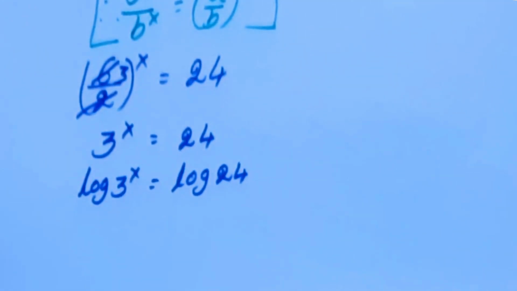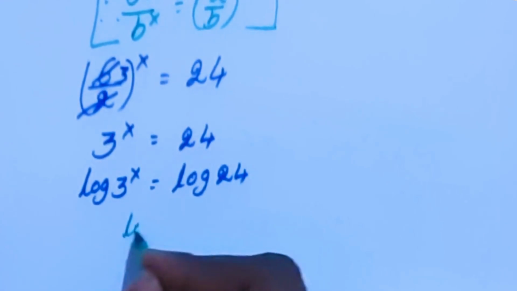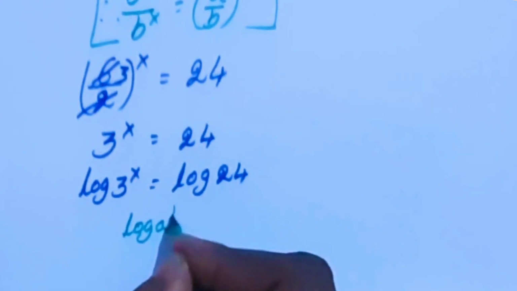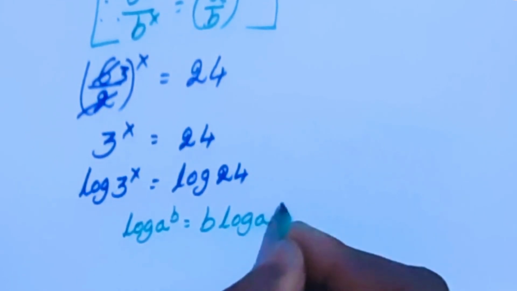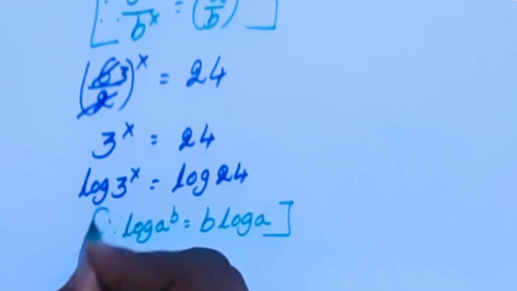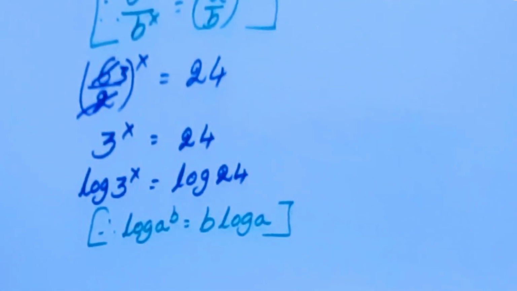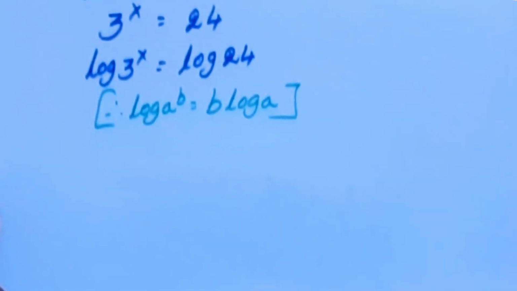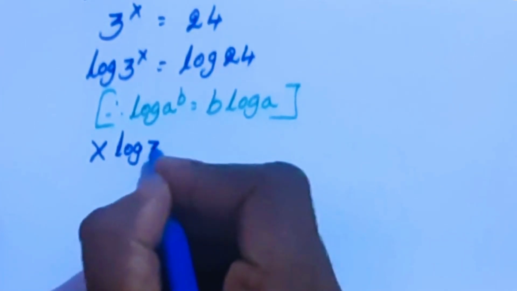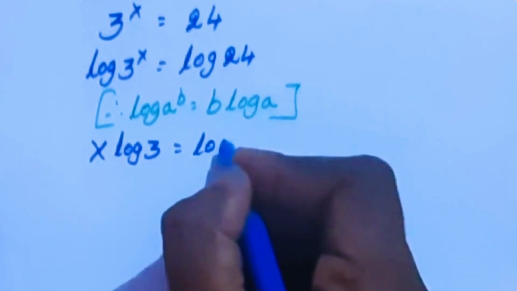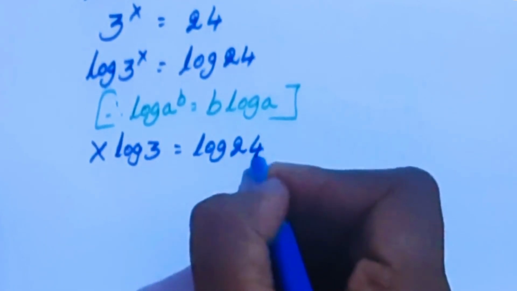Now we are going to implement the log power formula here, that is log a^b equal to b log a. This formula we are going to implement here. So x log 3 equal to log 24.